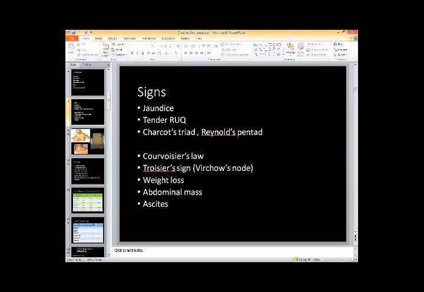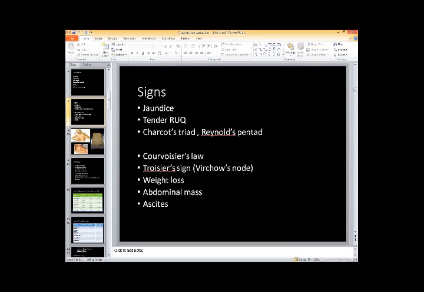And then there is another sign. This is Troisier's sign. There is a palpable left supraclavicular lymph node. So a jaundice patient with a palpable left supraclavicular lymph node, which is called Virchow's node. This is also a feature of deep intra-abdominal malignancy, like a pancreatic cancer or duodenal cancer.